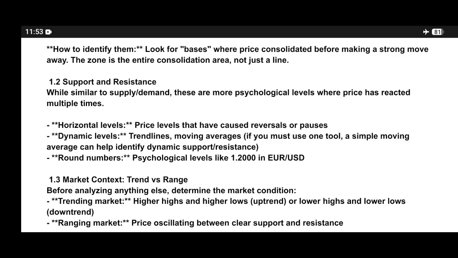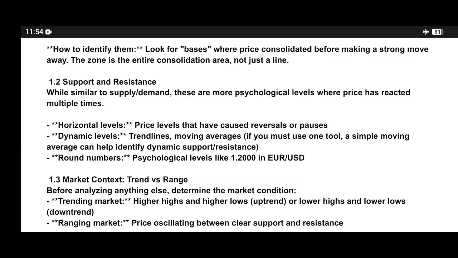So for example, in EUR/USD, a significant whole number is 1.2000. Another significant whole number in EUR/USD is 1.25.